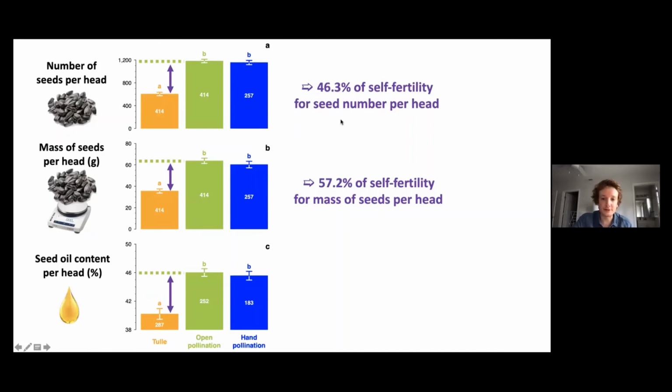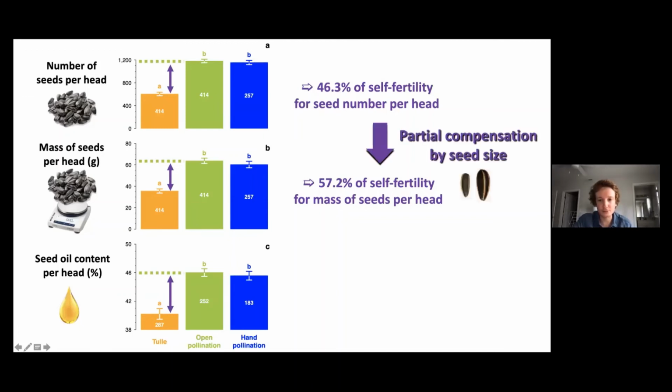This increase of the self-fertility between the two can be explained by a partial compensation by the seed size, as we know that when there are a lower number of seeds on the head, the seeds are also bigger.